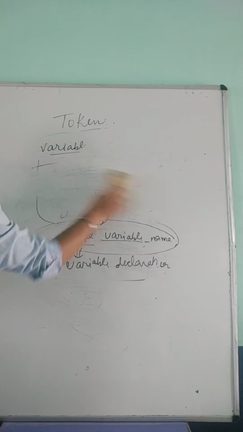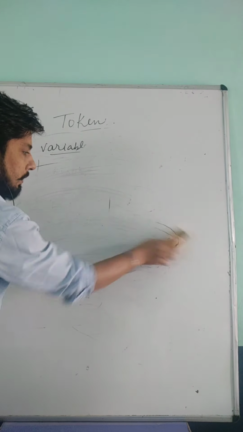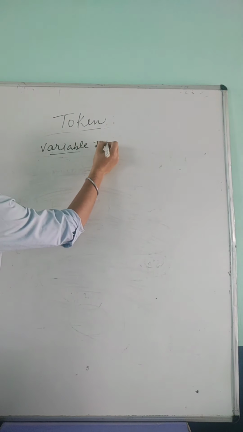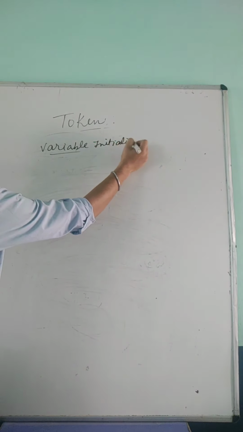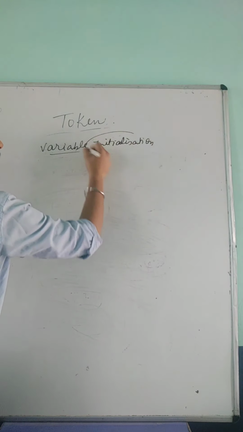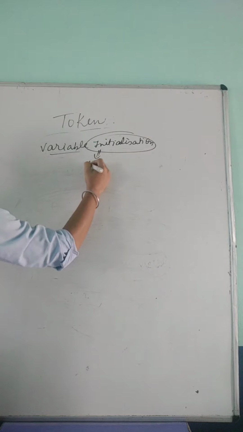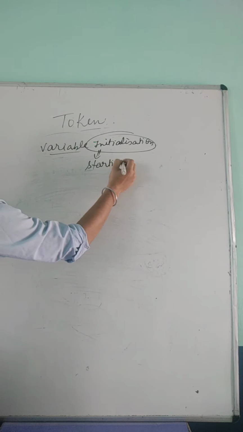Now we will discuss variable initialization. First we have to know the meaning of initialization. Initialization means the value by which I am initializing our task or program, the starting value.